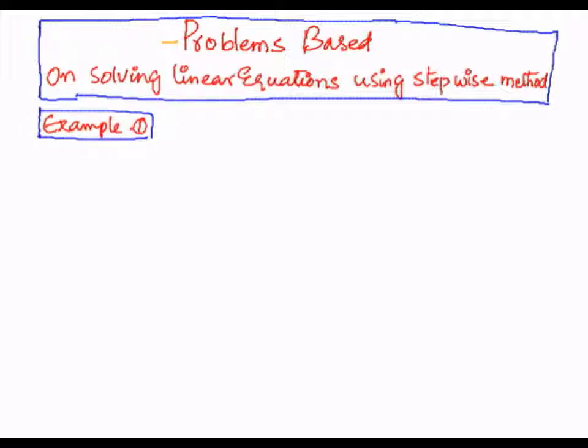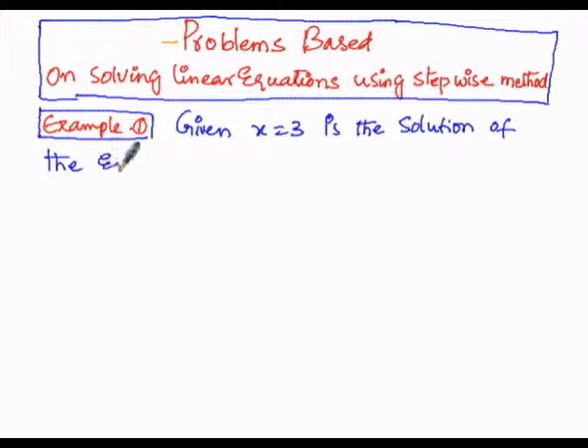Here, given that x is equal to 3 is the solution of the equation which is x square plus 4x plus a is equal to 0.